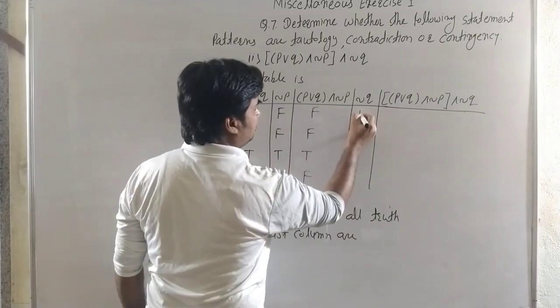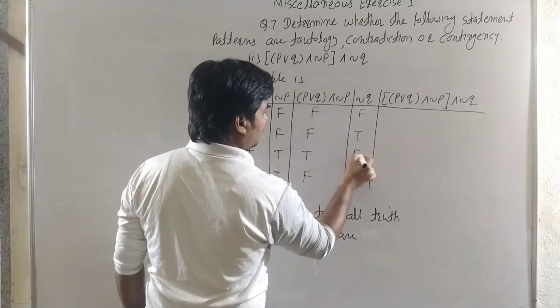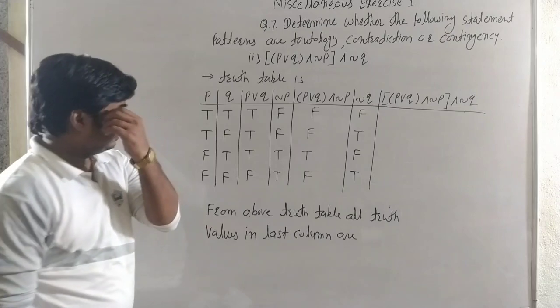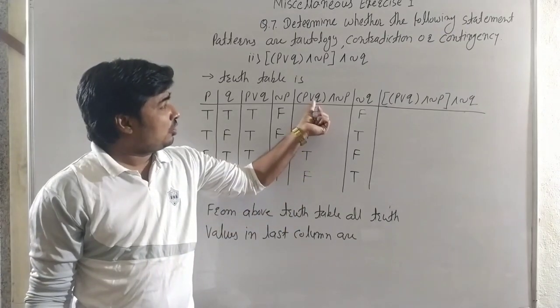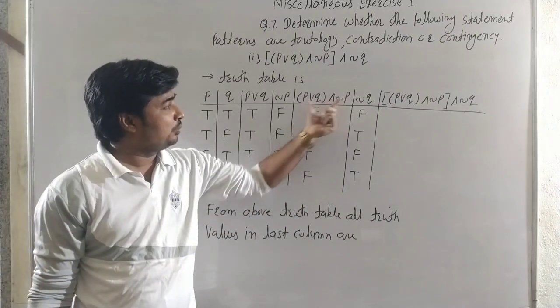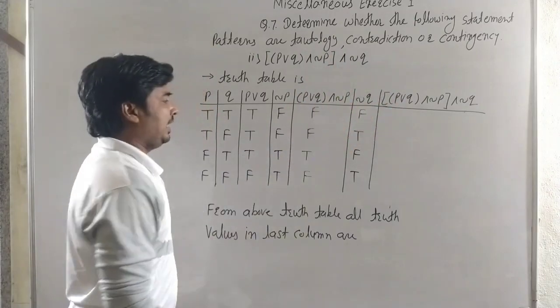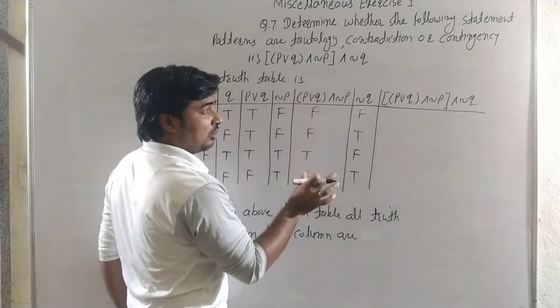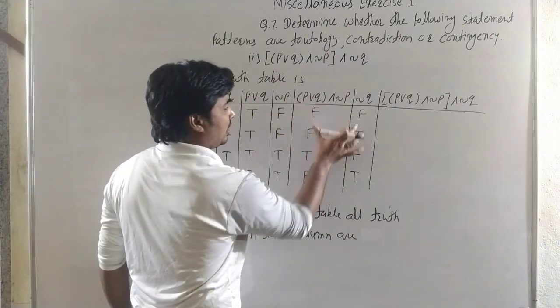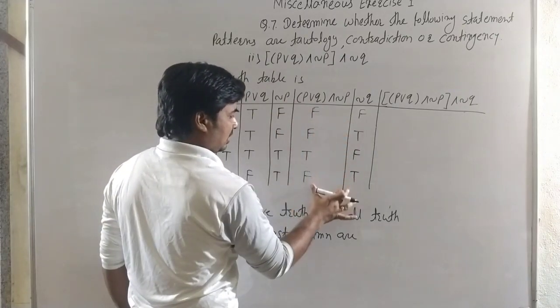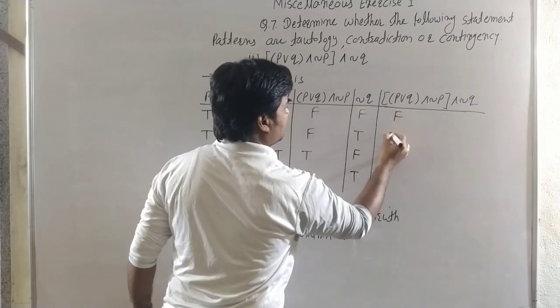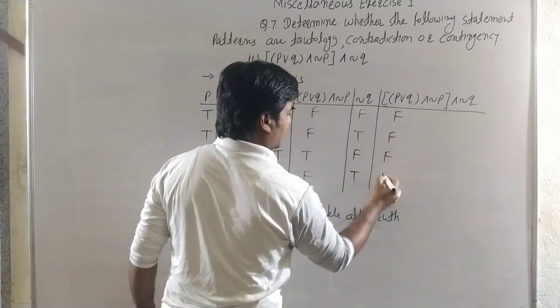Its negation is false, true, false, true. Now here, (P or Q) and negation P, and this negation Q. In the AND, when both are true, then the result is true. Here it is false, false, false, and it is also false.